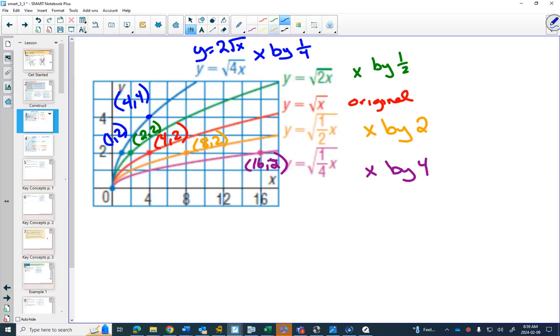So we would say that the blue and the green ones, because your x values got multiplied by a number less than 1, we would call those horizontal compressions. And then the orange and the purple one, because the x got multiplied by something bigger, we would call those horizontal stretches.